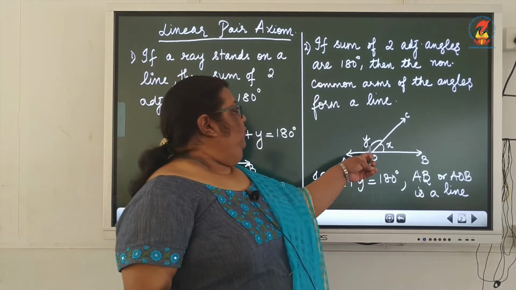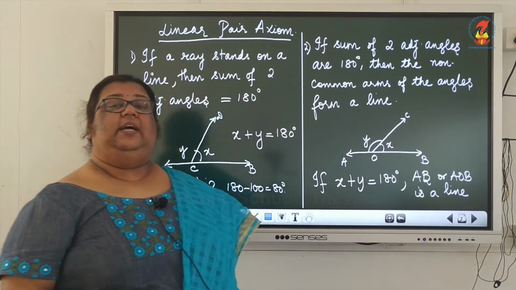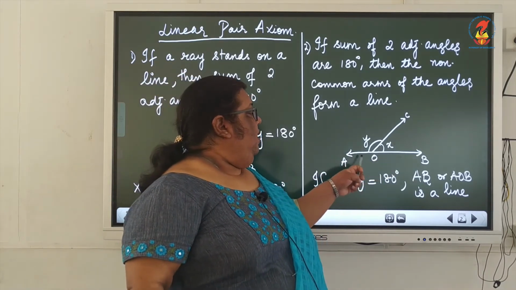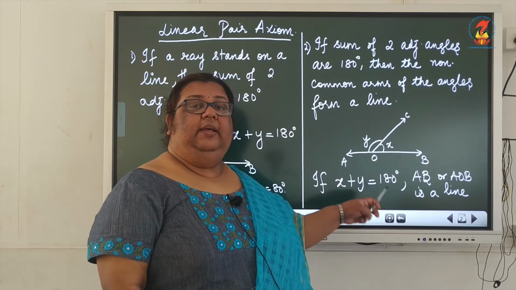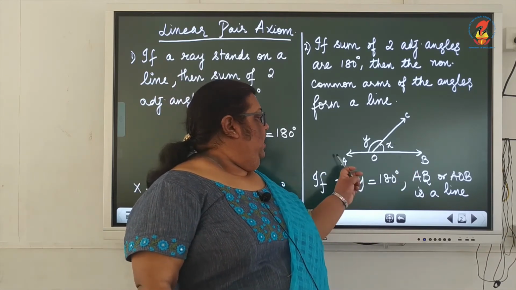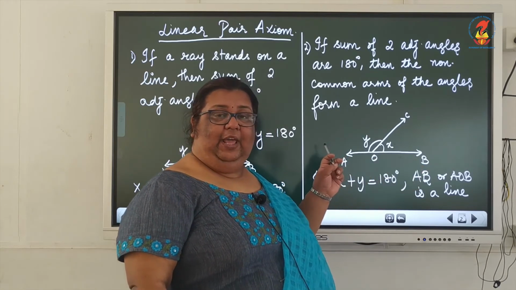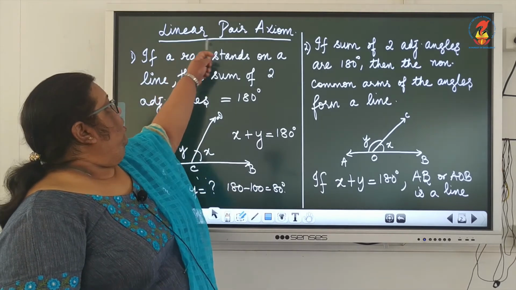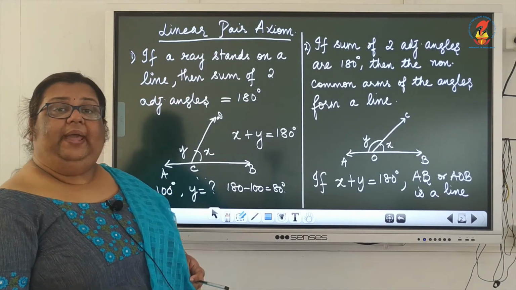Also, if the sum of the adjacent angles is 180 degrees, then the non-common arms form a line. Here the non-common arms are OA and OB. Together they form a line AOB. AOB will be a line. These two axioms are known as the linear pair axiom.